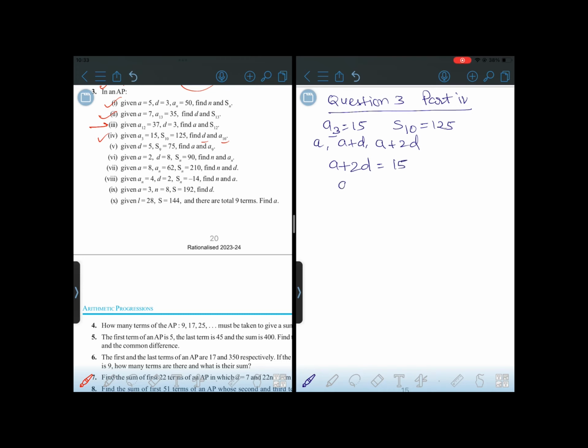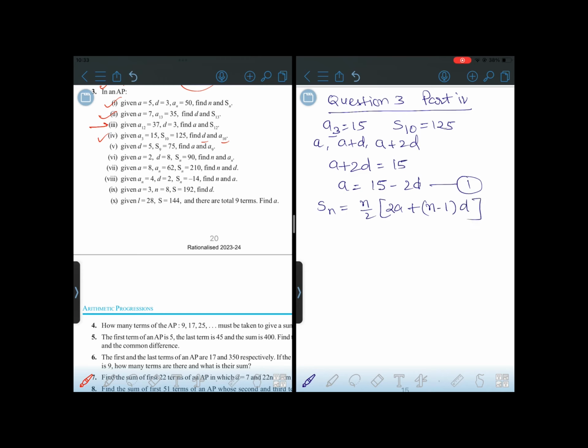So from here we can find out the value of A, that is 15 minus 2D. So now we have equation one. We got the first term in terms of common difference. Now we can use the formula of summation of n terms, that is Sn is equal to n by 2 in bracket 2a plus (n minus 1) into d.